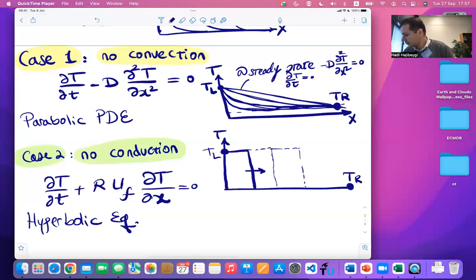And this front of heat, hot water, would travel in the system with the speed of r uf. That's the heat flux, heat velocity, r uf. That's exactly this coefficient.